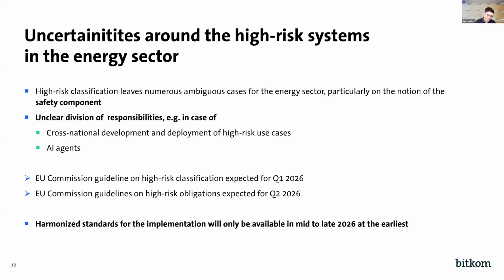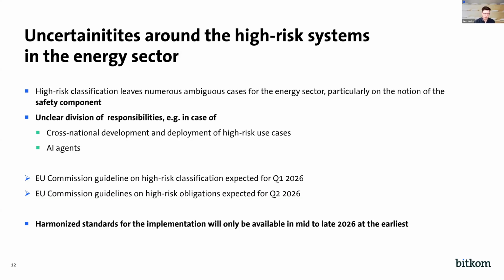For example, if you have an AI-controlled drone that is used for detection of any sort of impairments on your, I don't know, energy platforms, is that then a safety component? Because it may trigger human action to repair something that is in the end critical to the energy supply. This is not finally clear, and we will need further guidance on this.